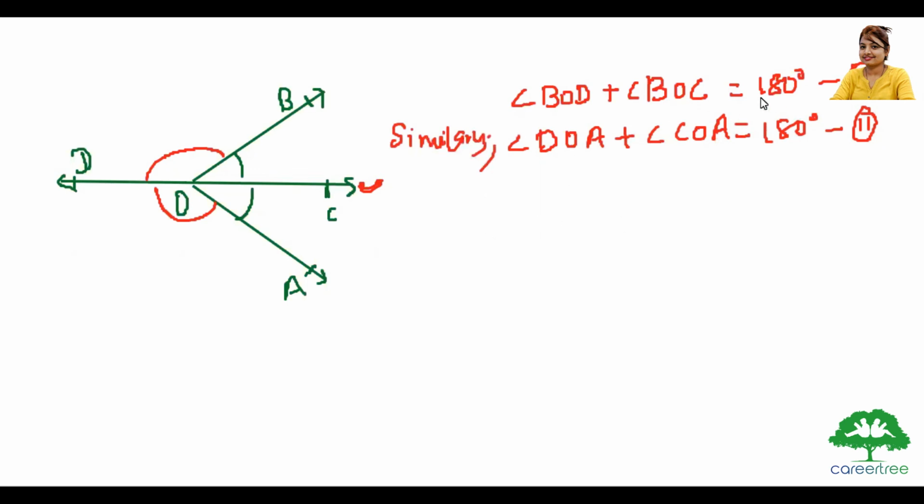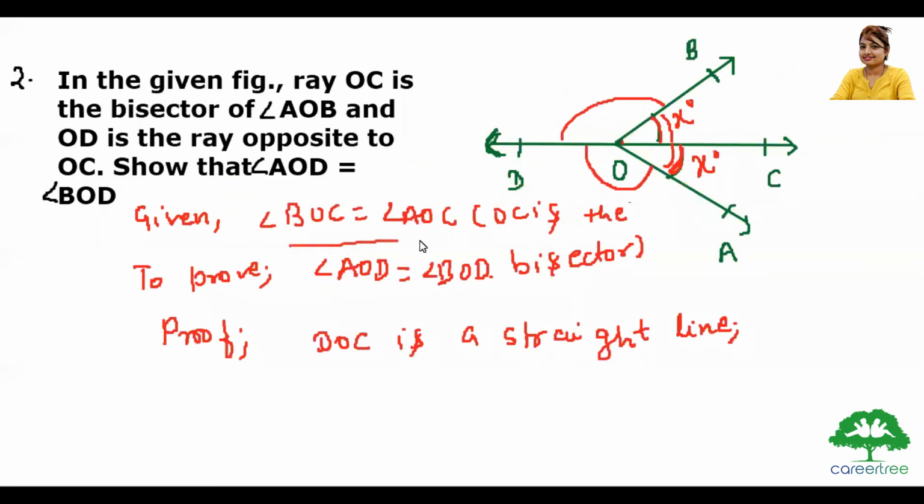Now see, from equation 1 and equation 2, both are equal to 180 degrees, so we can equate them. Angle BOD plus angle BOC equals angle DOA plus angle COA. Now we have already written that angle BOC equals angle AOC.